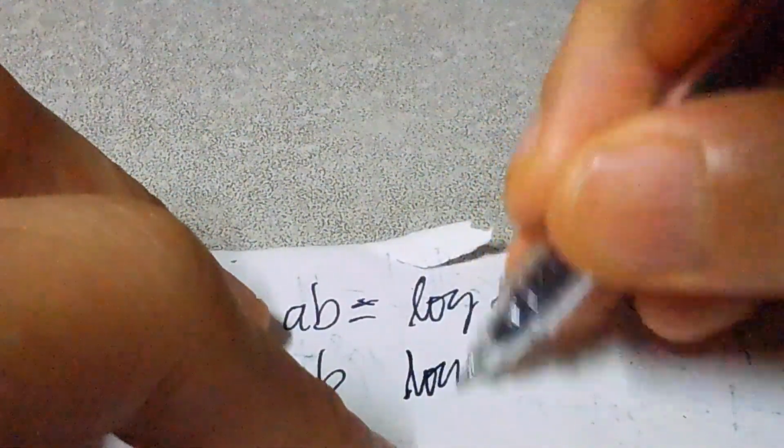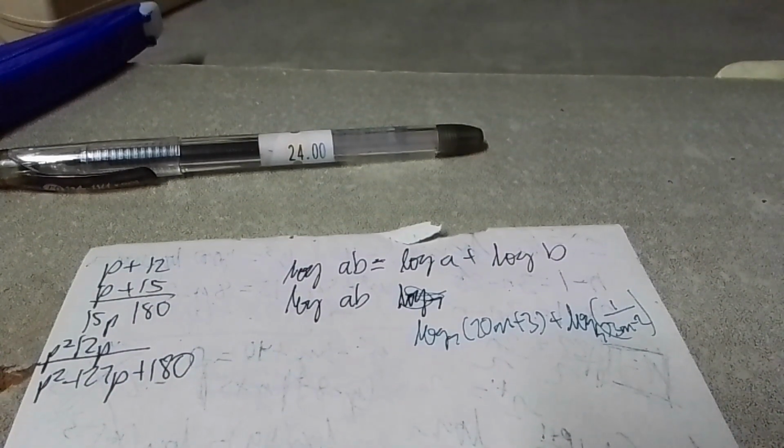But in this situation, we have log base 7 of 20m plus 3 plus log base 7 of 1 over 3m minus 2. We can condense this log. How do you condense the log?